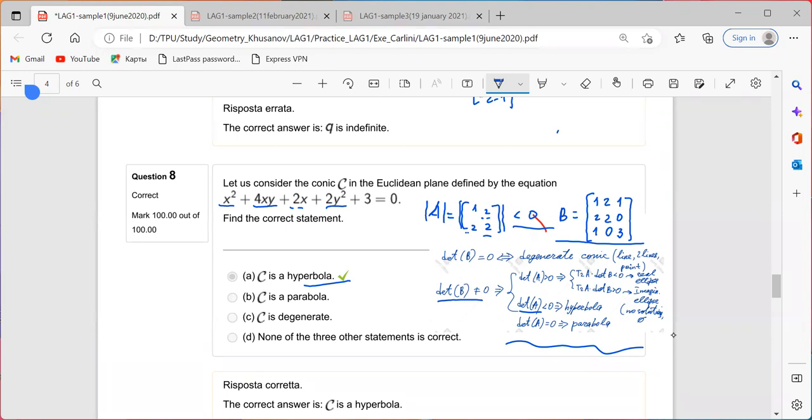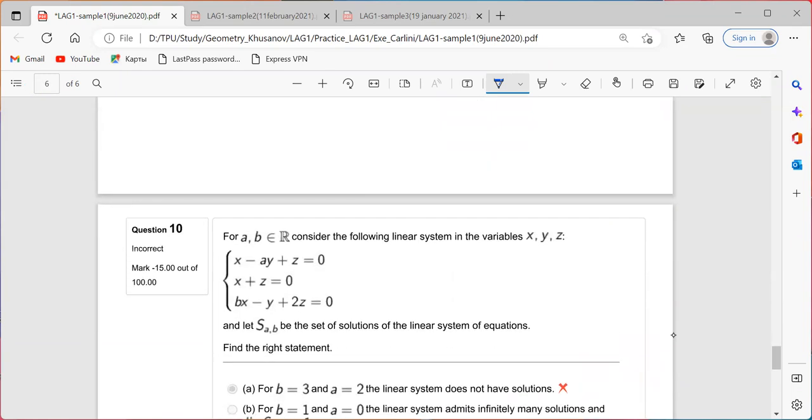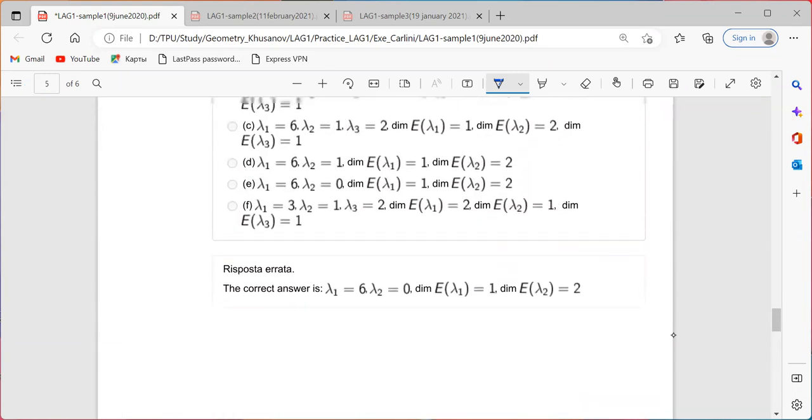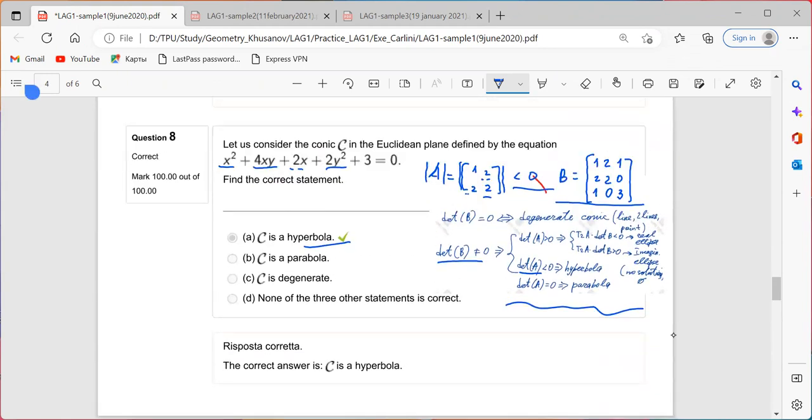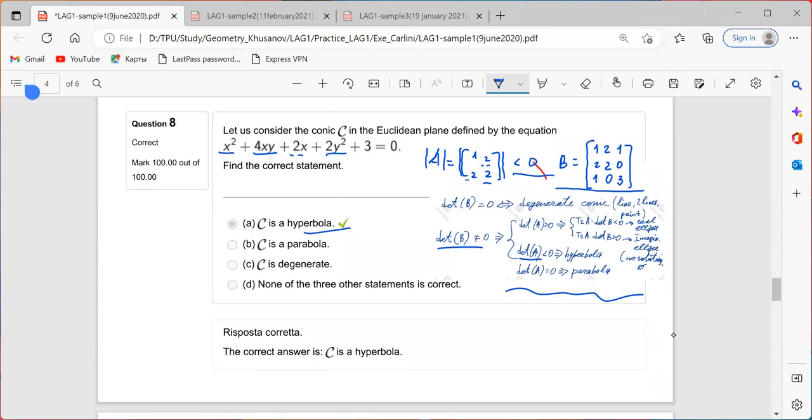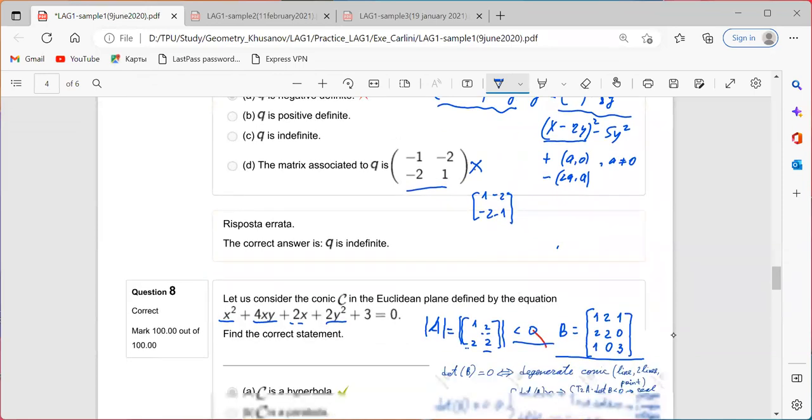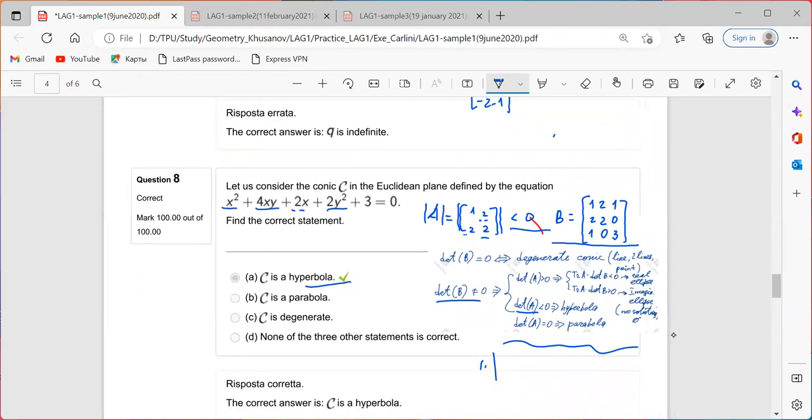So we take 1 multiplied by the determinant, and this determinant will be equal to 0 minus 2, so it will be minus 2.